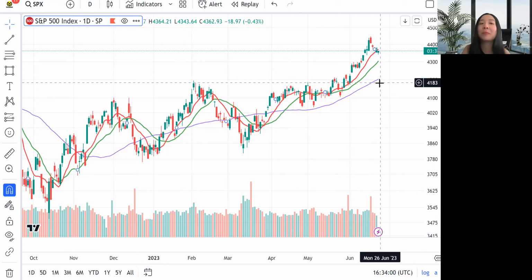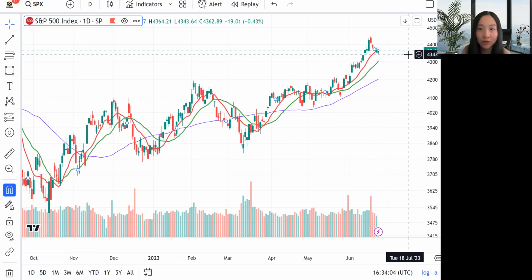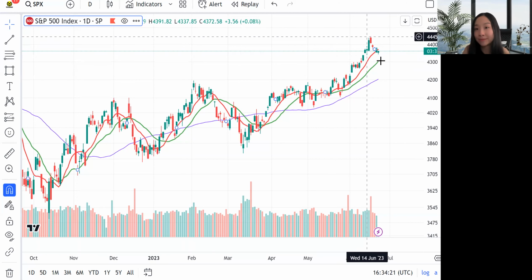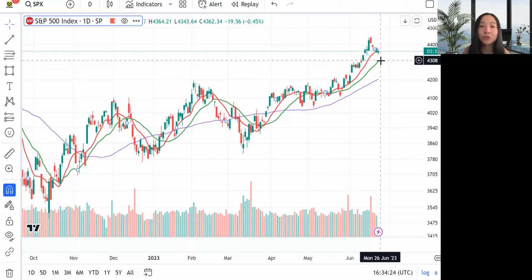So you tell me, the S&P right now, are we still in the safe zone? Is it still going up? Yes, it's still going up. Remember, any stock, when they go all the way up, they will need a break on the halfway, right? So it gives us a chance to buy at the same time. For example, this stock now is pulling back, but is it the right moment to buy yet?